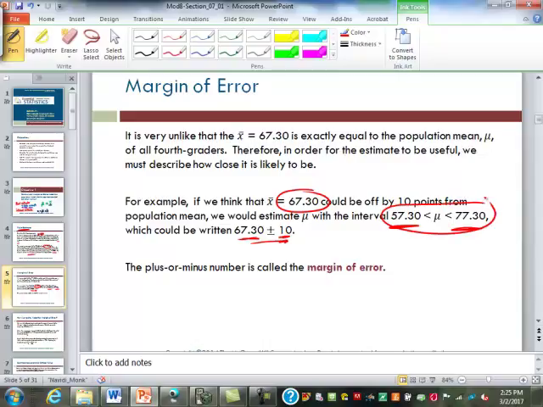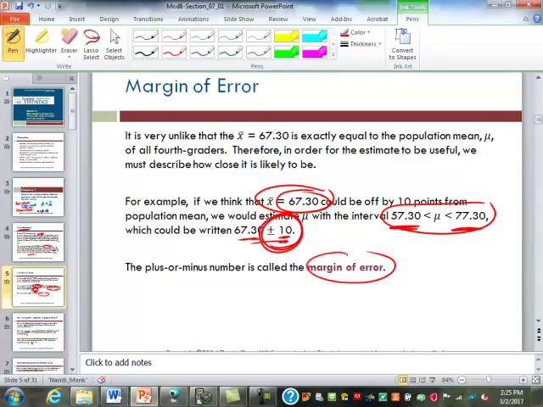So we would say if we feel that the population mean is within 10 of that sample mean, we would say, hey, we think that the population mean is between 57.3 and 77.3, plus or minus. That is called the margin of error, that plus or minus 10. So we're giving ourselves a plus or minus 10 margin of error.